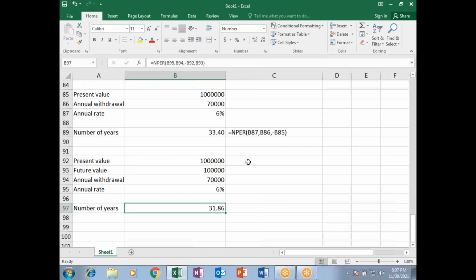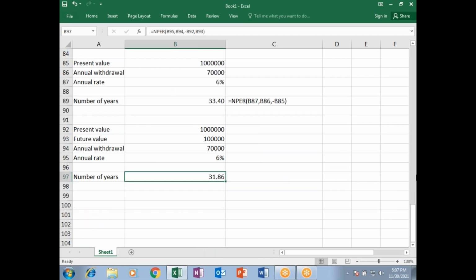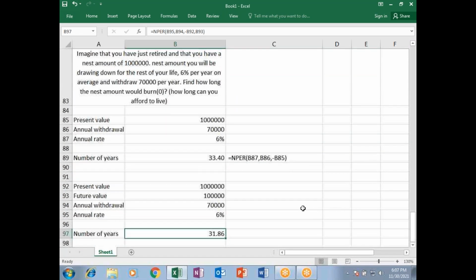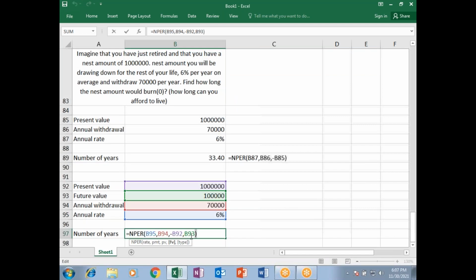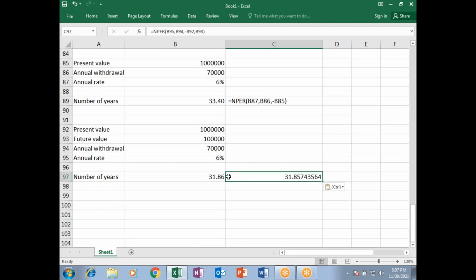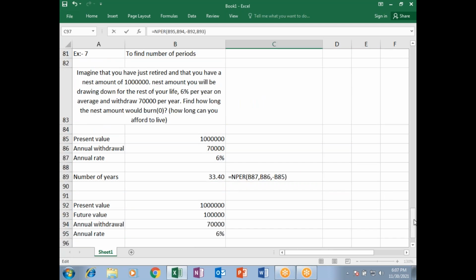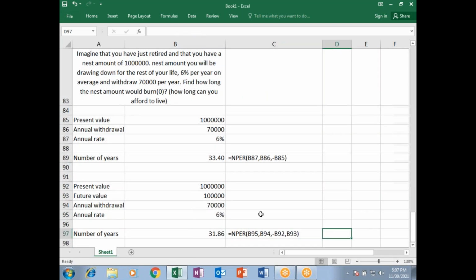I can keep it as a decimal. Charity, so this one.